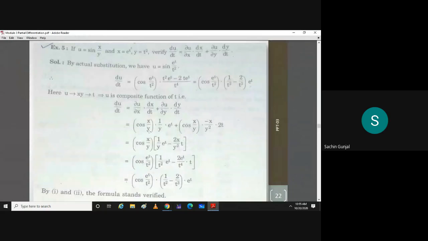Now cos of x by y you can take out: 1 by y e raised to t minus 2x upon y squared into t.